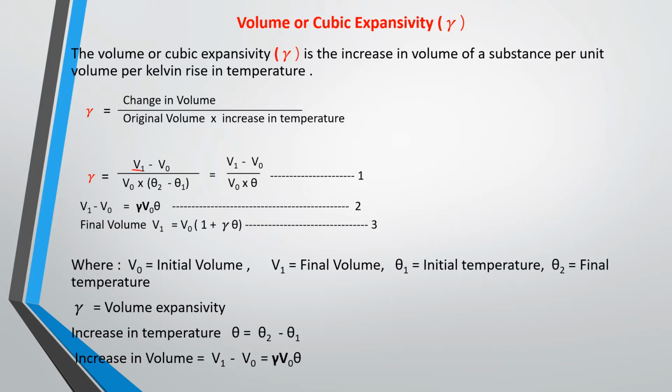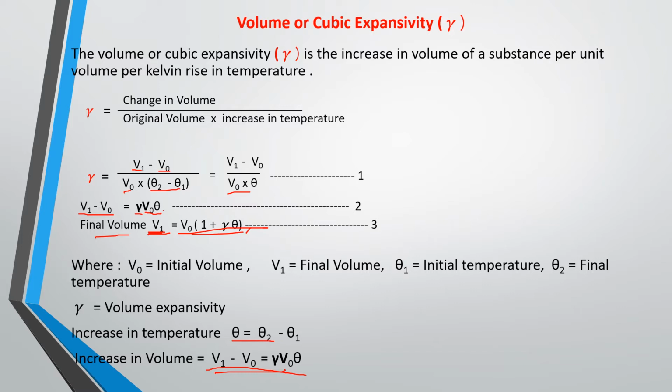V1 is the final volume, V0 is the initial volume, and this is the change in temperature, and that gives you this. So expansion, or change in volume, is equal to cubic expansivity multiplied by original volume and change in temperature. So in case you are finding a new volume, which is V1, the final volume, you just use this equation. And that is what we did for area and linear expansivity. So there is no ambiguity in what we have discussed so far.